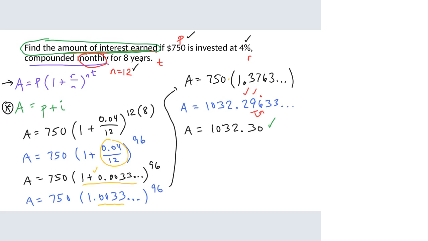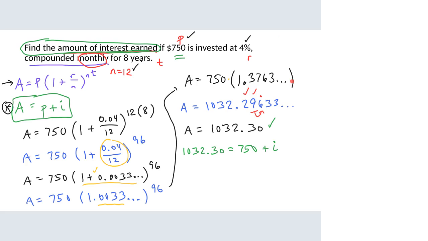Now what I need to do is figure out how much interest was earned. I've got a formula over here that will help me. If I know the future value is 1032.30 and I know the principal was 750, then I just have one simple step to find out how much interest was earned.